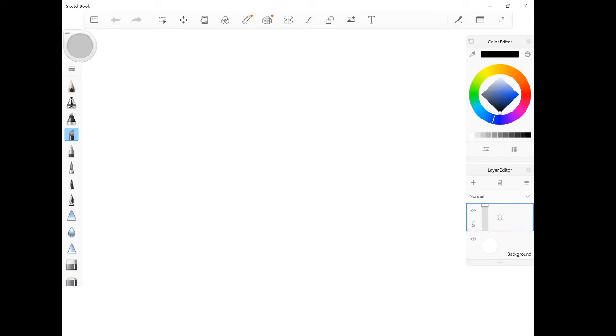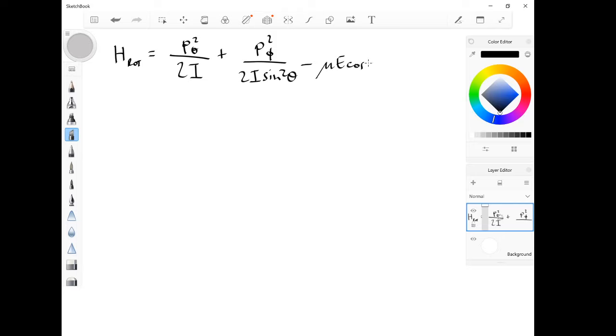So, in our canonical coordinates, the rotational Hamiltonian, I'm going to include the potential as part of the rotational part, is p theta squared on 2I plus p phi squared on 2I sine squared theta minus mu E cos theta.